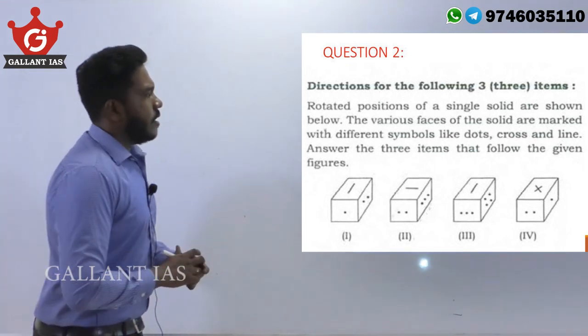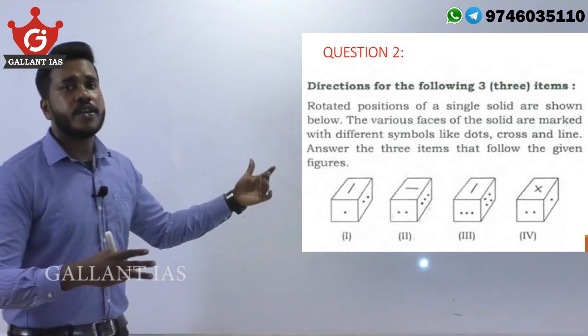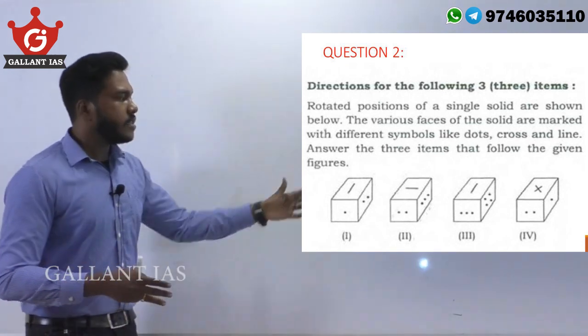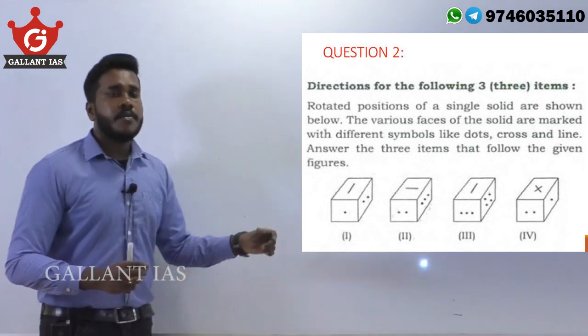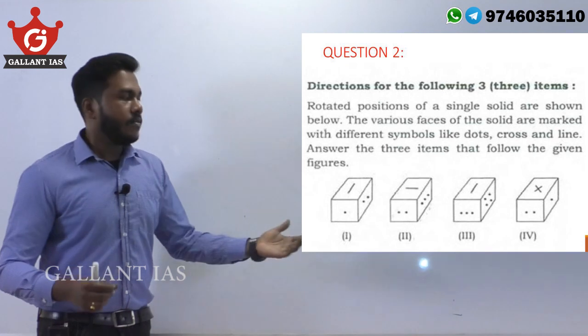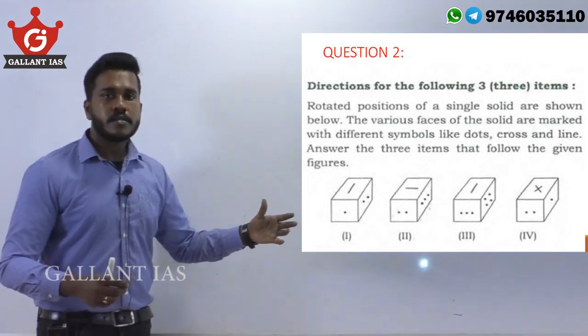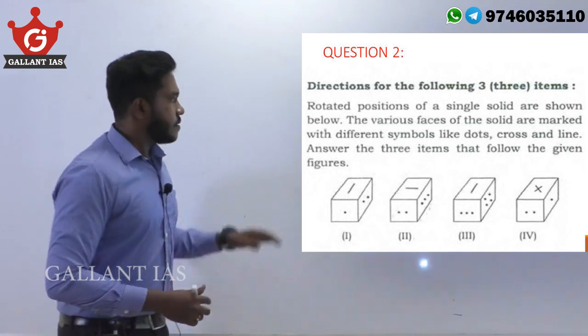In order to do this problem based on opening of a dice cube, I need to open this cube with the help of all these orientations. I'm going to open the given cube with the help of these 4 orientations.